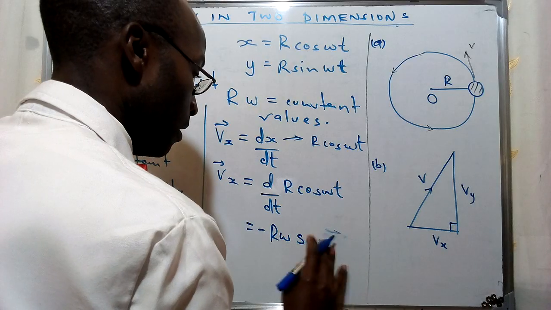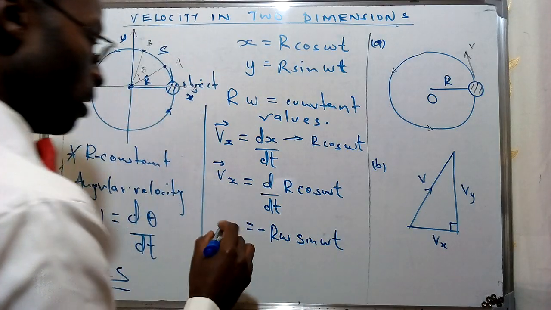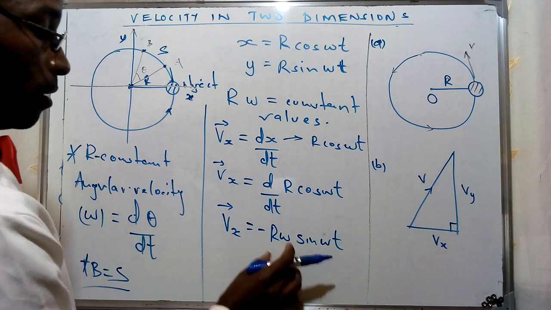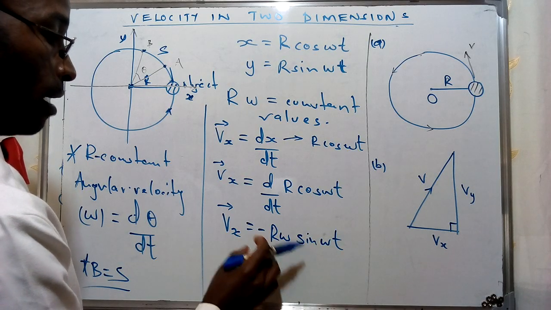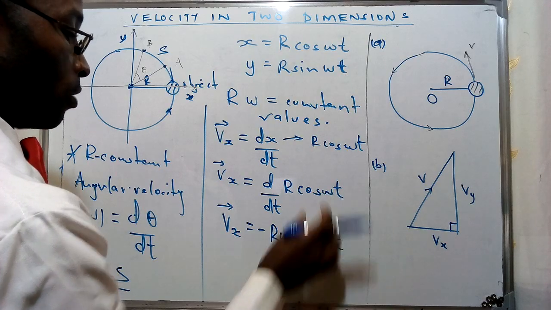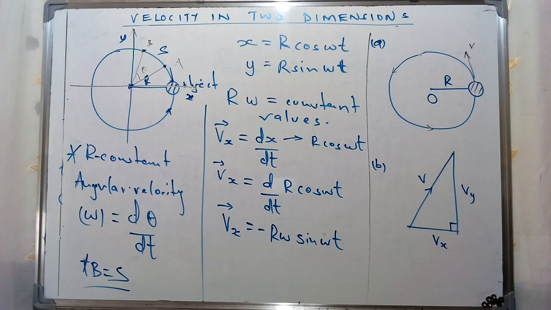So from the derivatives of trigonometric functions, I hope we understand that omega and r are constants, and therefore we have this negative value. The derivative of the cosine function gives a negative sign, and this is why we have this negative sign.